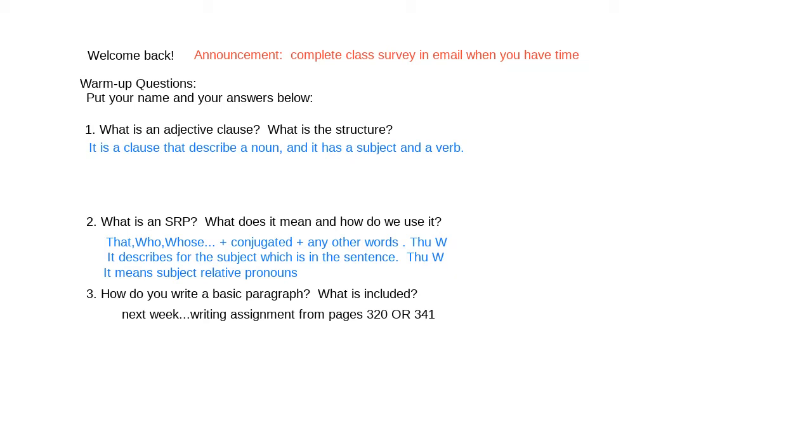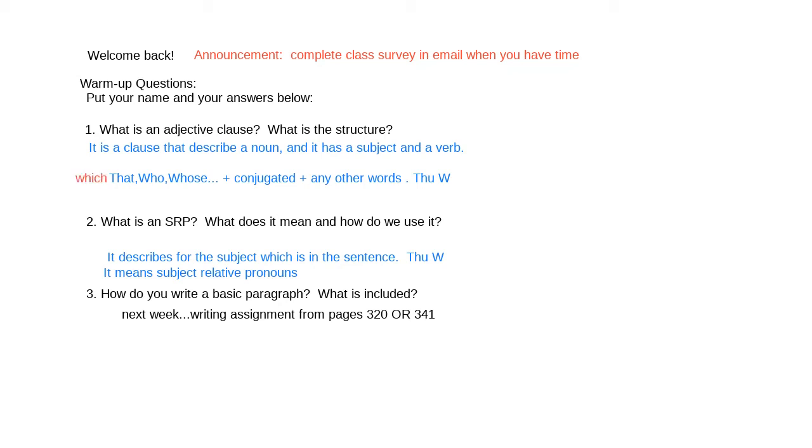Okay, second question is actually, we're going to move this up because the second part of the question says, what is the structure? So right here is the structure. We have that, who, or whose. We could also have which, right? And these are, what are these called?